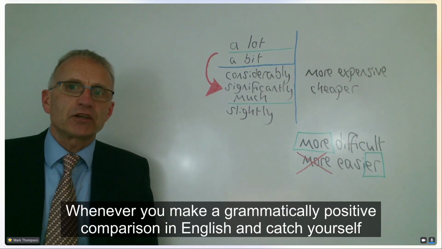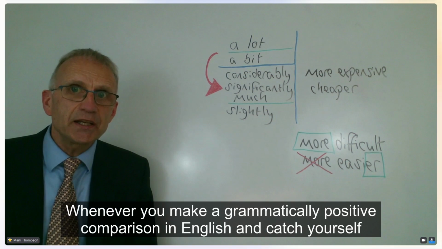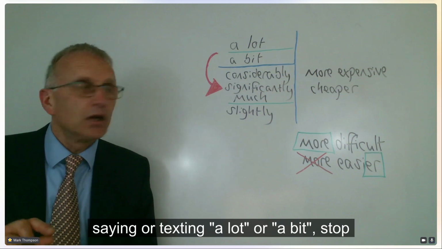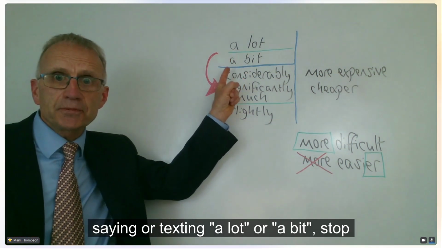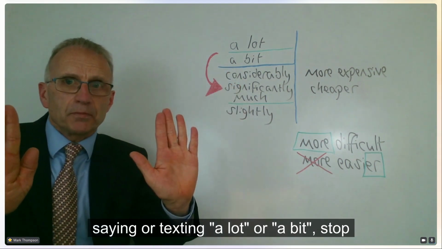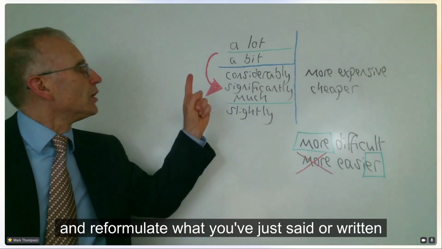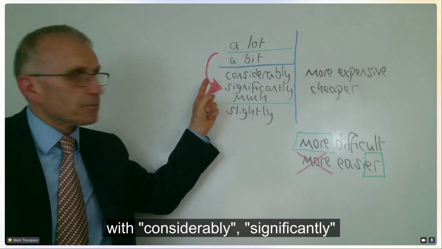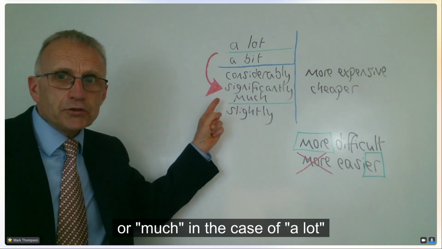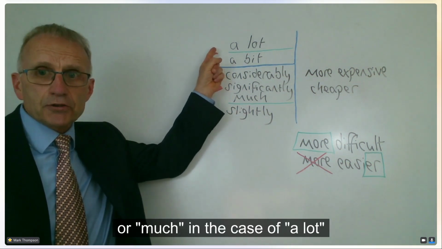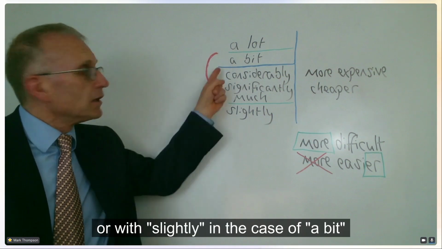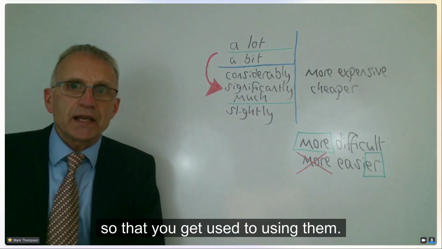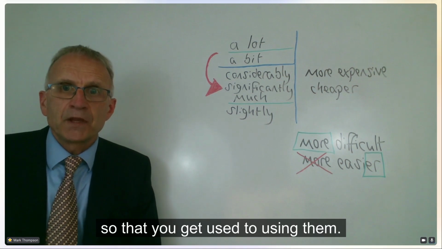Whenever you make a grammatically positive comparison in English and catch yourself saying or texting a lot or a bit, stop and reformulate what you've just said or written with considerably, significantly, or much in the case of a lot, or with slightly in the case of a bit, so that you get used to using them.